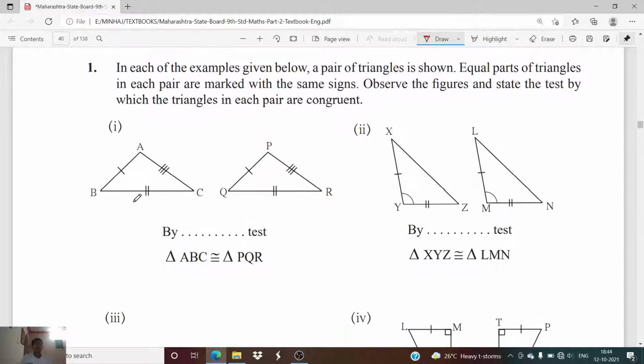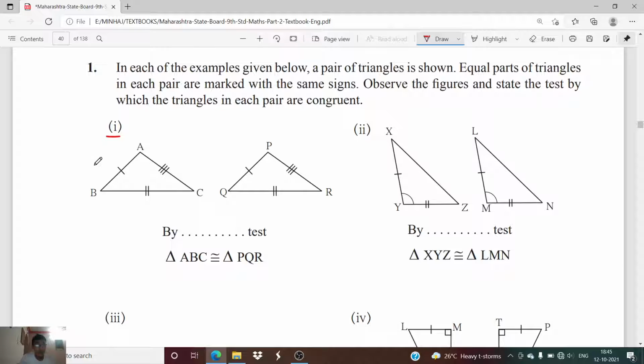So let us start with the very first sub question. Here you can see there are two triangles, triangle ABC and triangle PQR. Certain symbols are used to represent the congruency or the equality between the sides and angles.